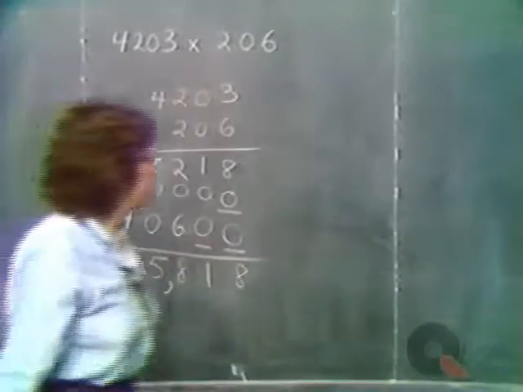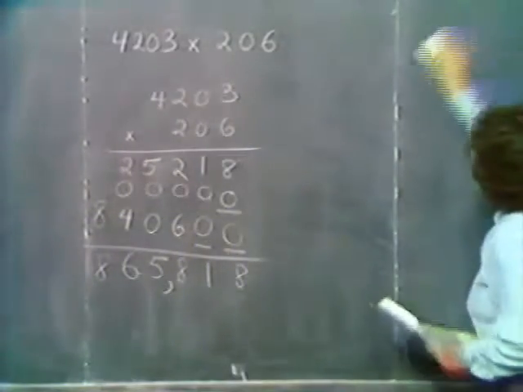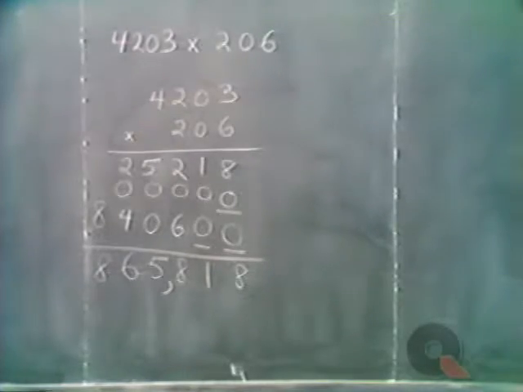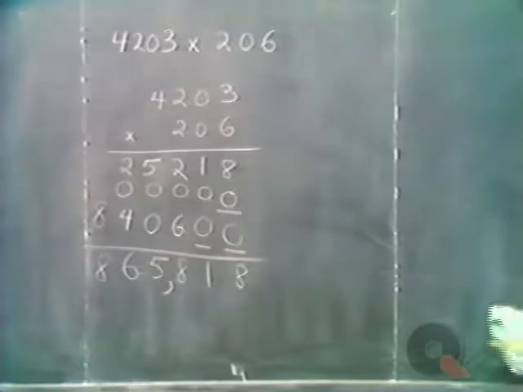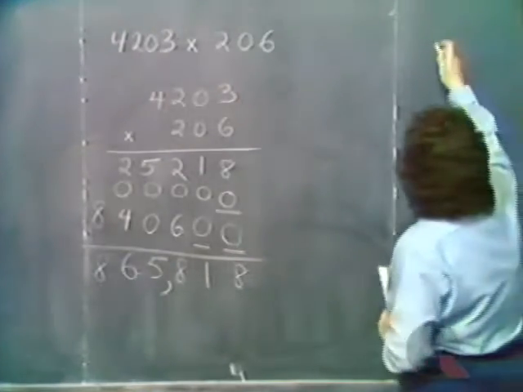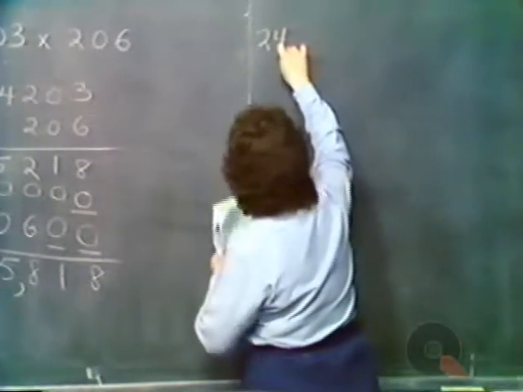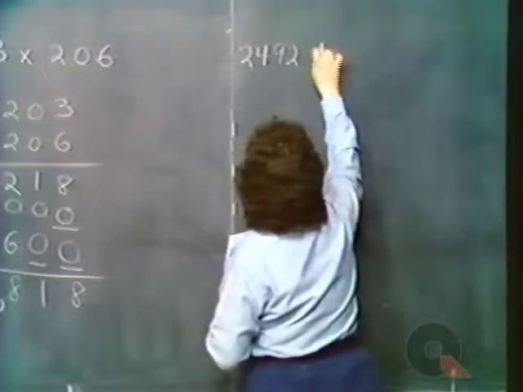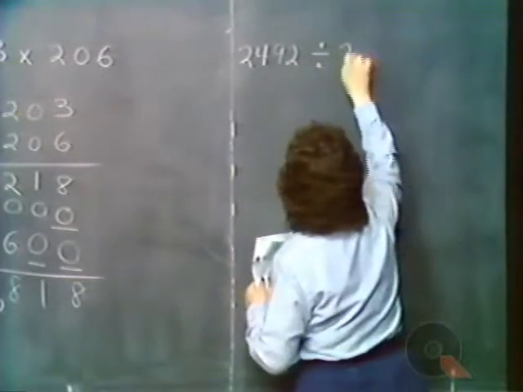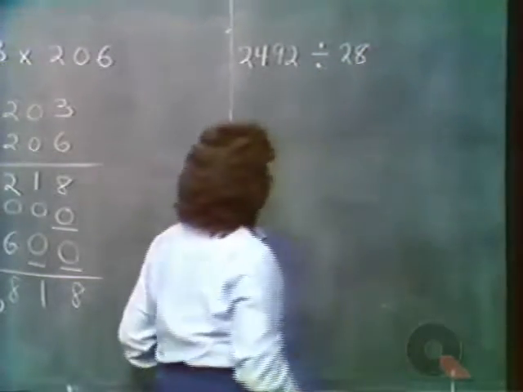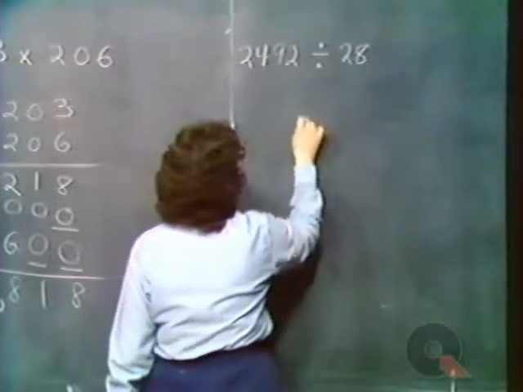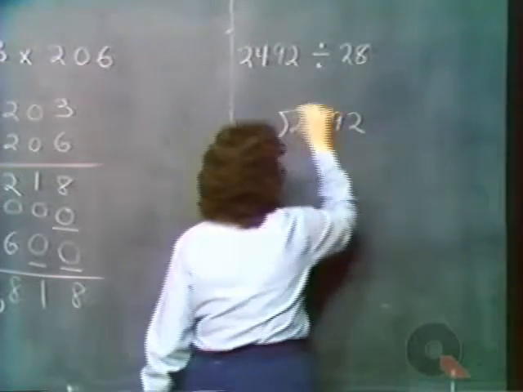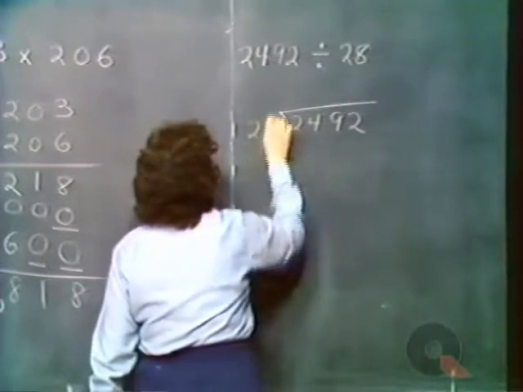Okay, that leaves us with division now. You will see a problem like this. 2,492 divided by 28. This means 2,492 divided by 28 in that form.